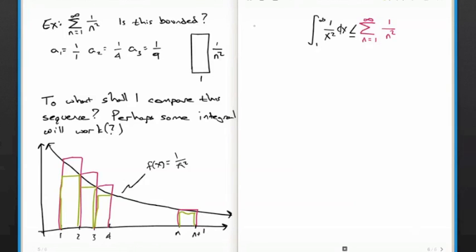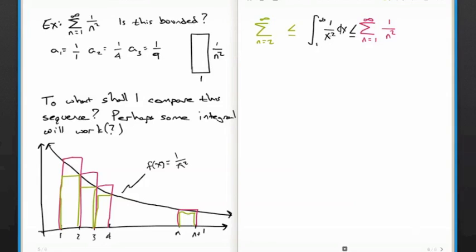So really, over here I can take the sum from n equals 2 to infinity, and that's going to be, for sure, less than the sum, or the integral, which is really an infinite sum, of this function.